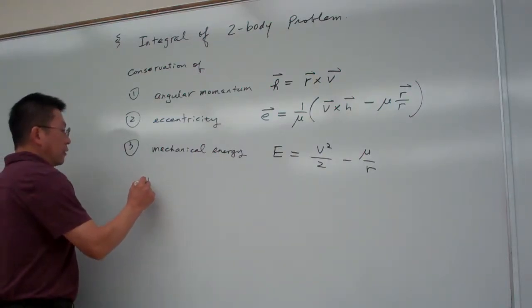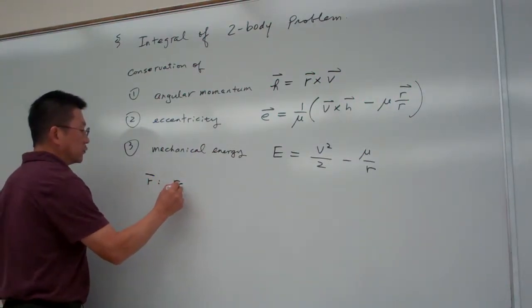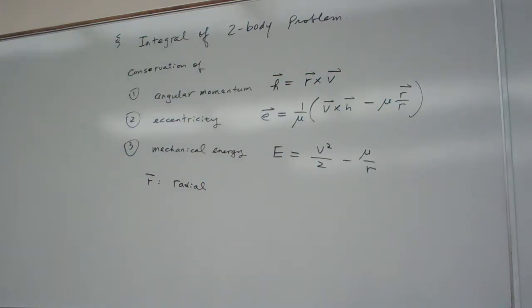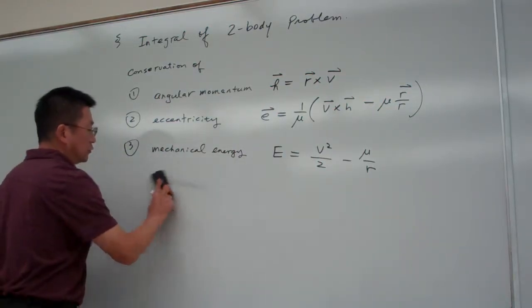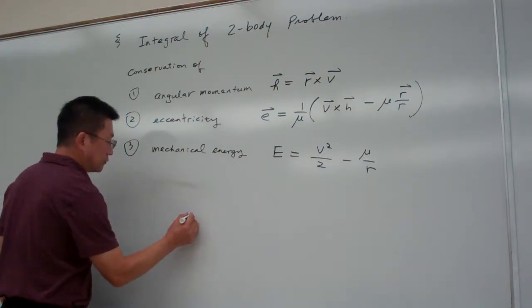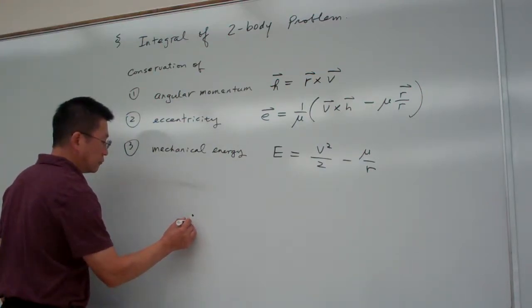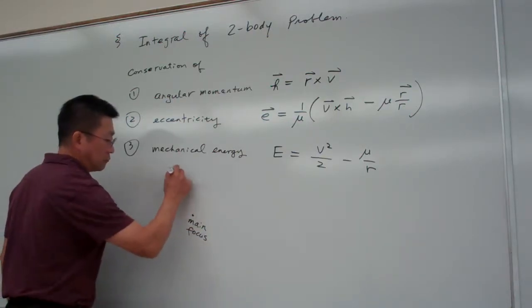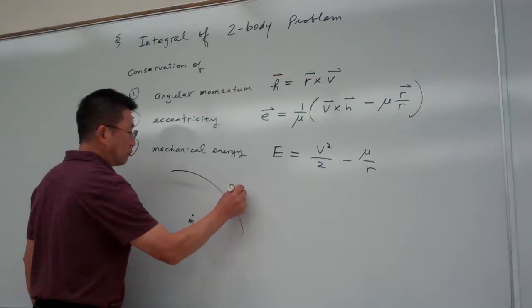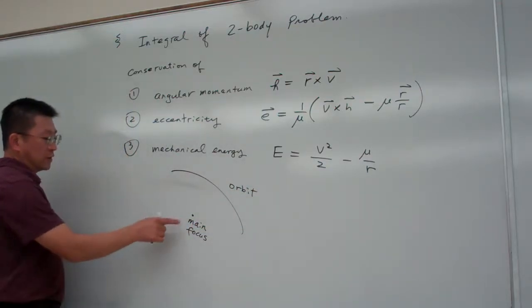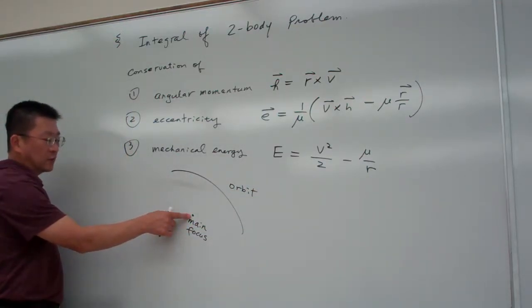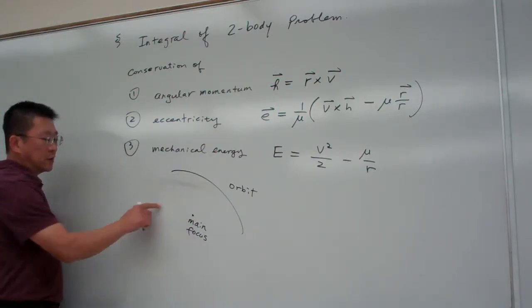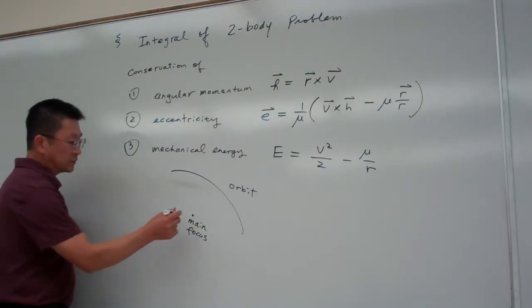So here the r is the radial. Let me use a graph to show it. So this is the main focus, for example, the center of the Earth, or one focus of the elliptic orbit.